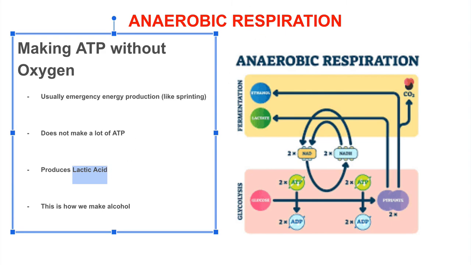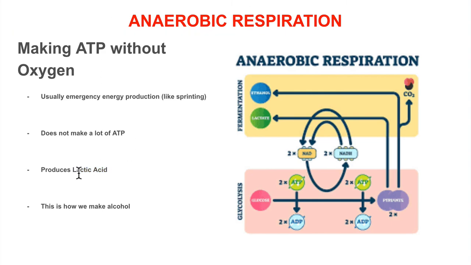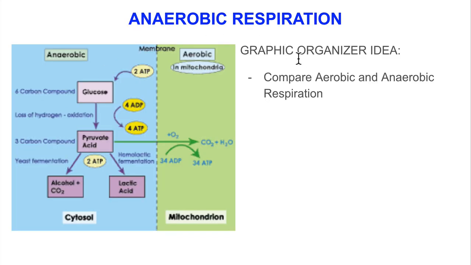That burning in your muscles when you're coming up the stairs, the reason it's burning is because there's an acid building up inside those muscles, and it's called lactic acid. That is a byproduct of anaerobic respiration. But we also use this for our diet and stuff like that. We use it to make alcohol, like beer and wine, which is made by this process called anaerobic respiration.